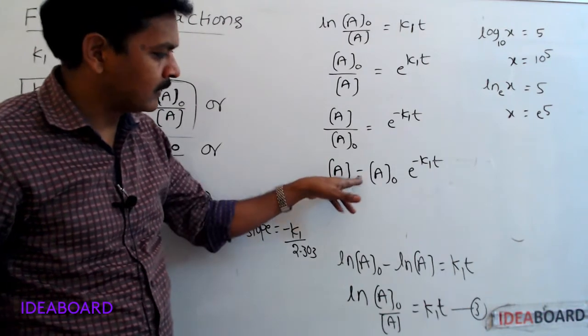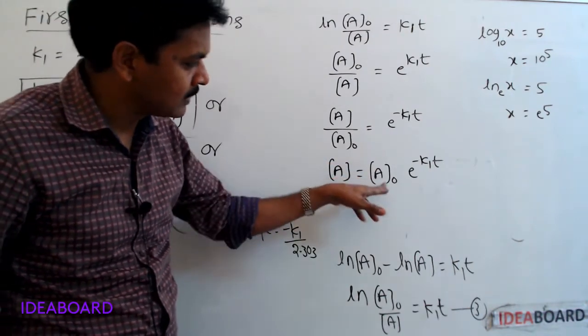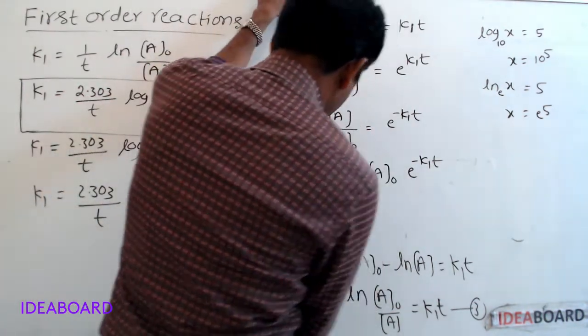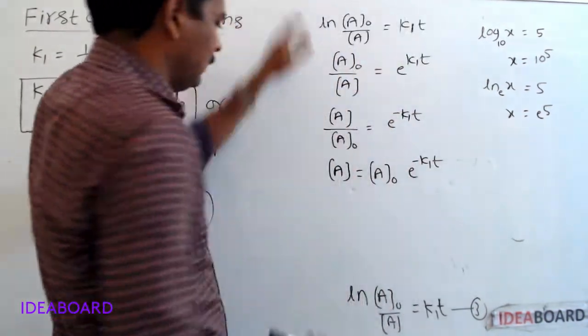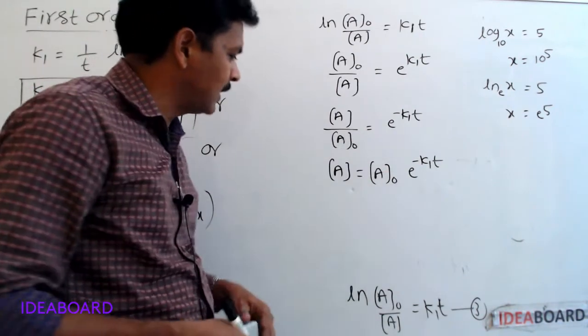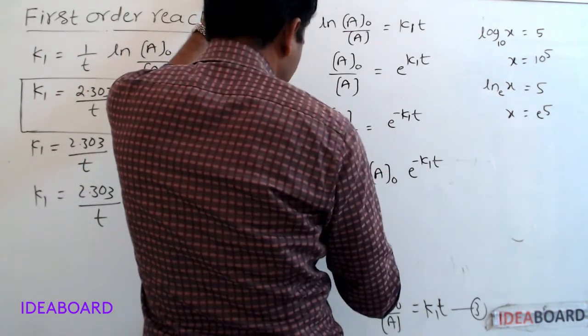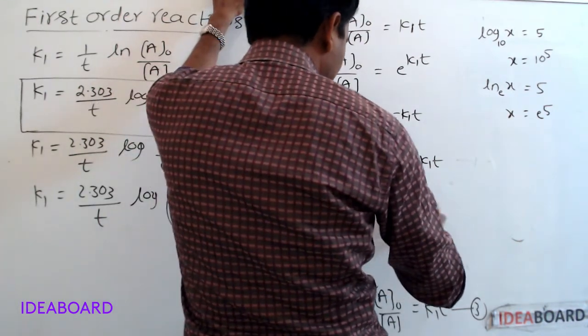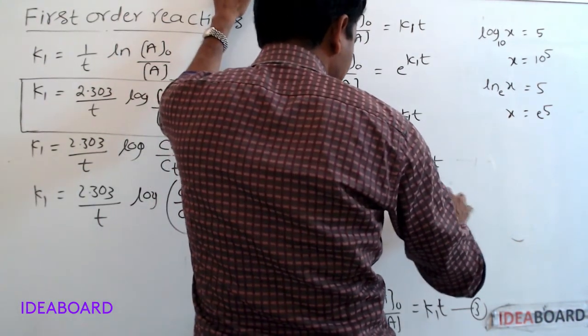Here a is the concentration after some time. I am taking Ct is equal to C naught into e power minus k1t.